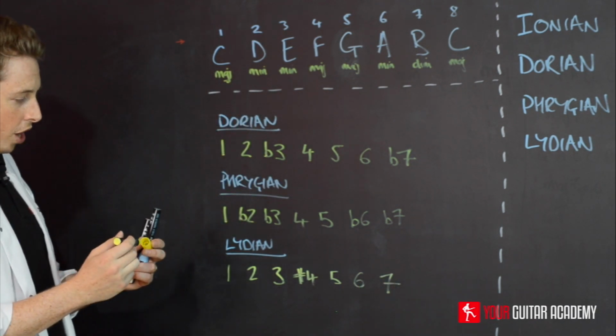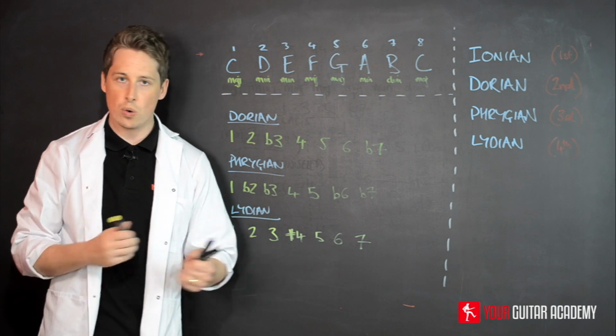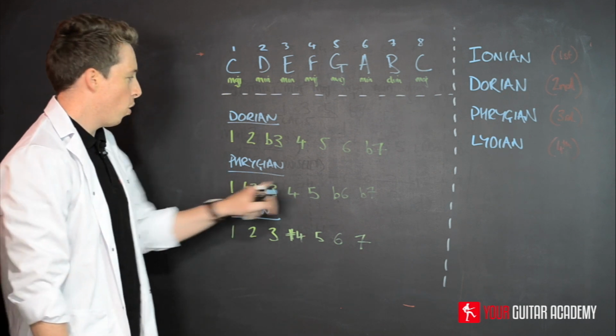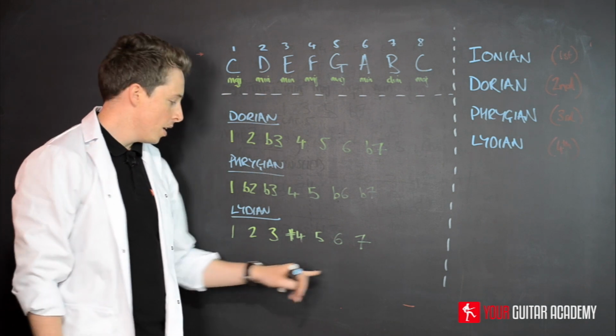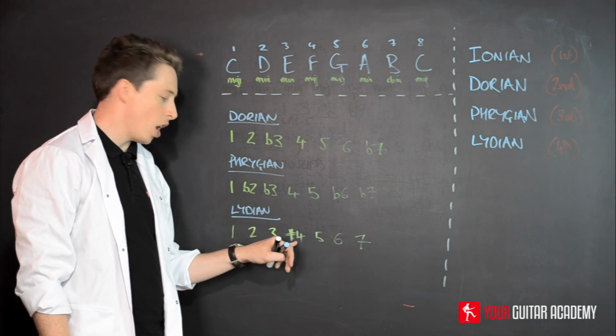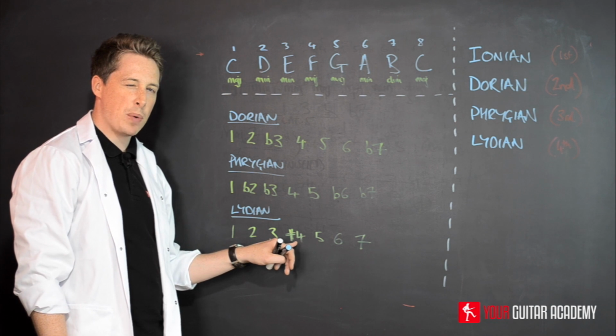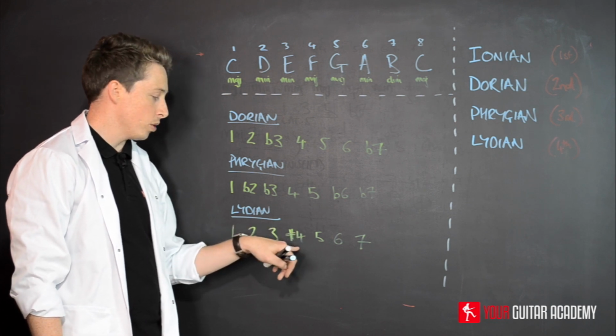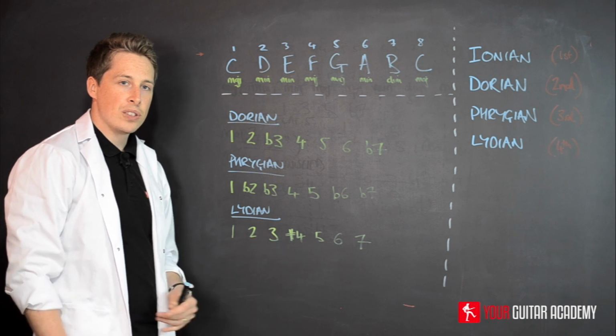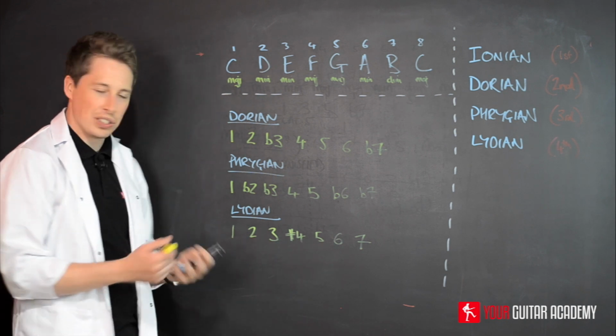Okay? So we've got ourselves a whole new ball game with this one. Before, we had all the flats in here, but in the Lydian, we can see that it's just a sharp 4. And if you think about what your basic Ionian is, your basic major scale, that's got no sharp 4, so it's just 4.